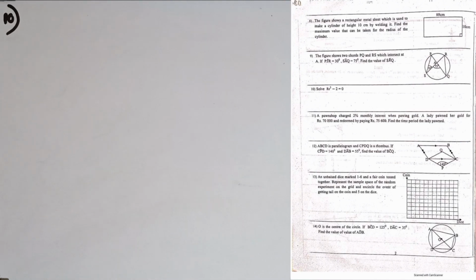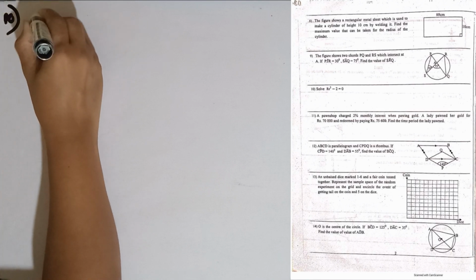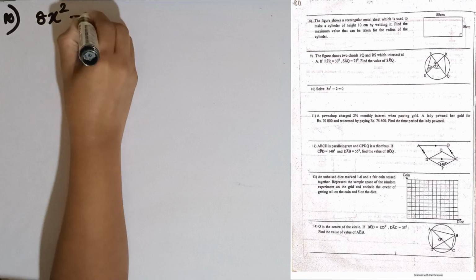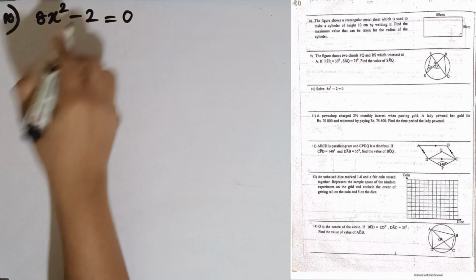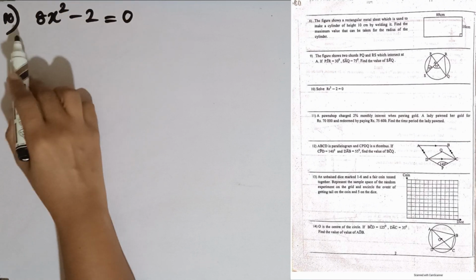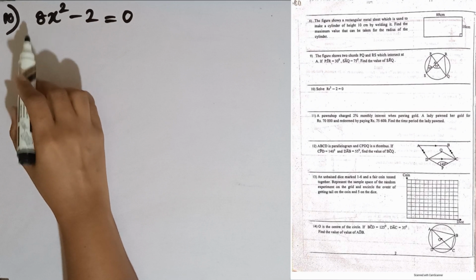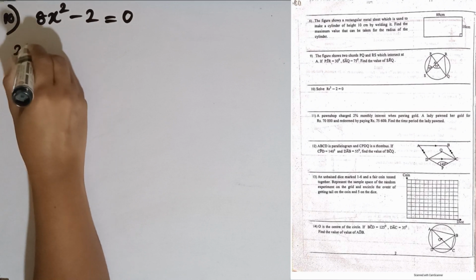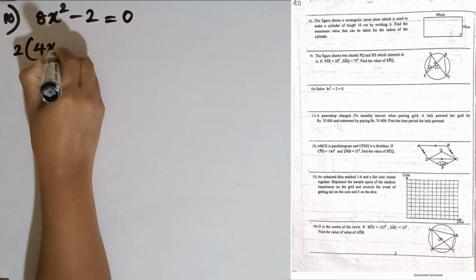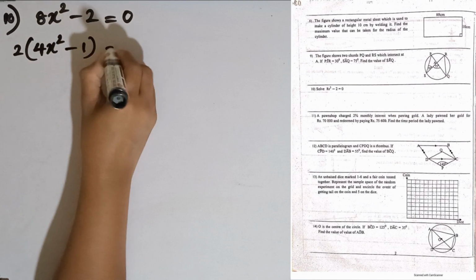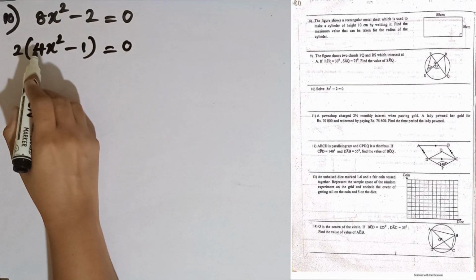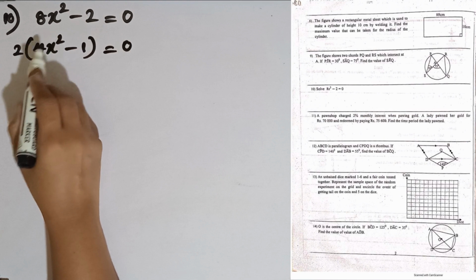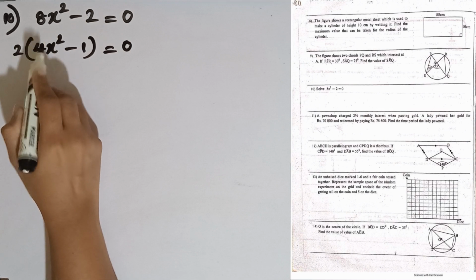Question number 10. We are given this to solve. 8x squared minus 2 equals 0. We can take a common factor out here. We can take 2 out. 2 times 4x squared minus 1 equals 0. Here 4x squared is the square of the term 2x.